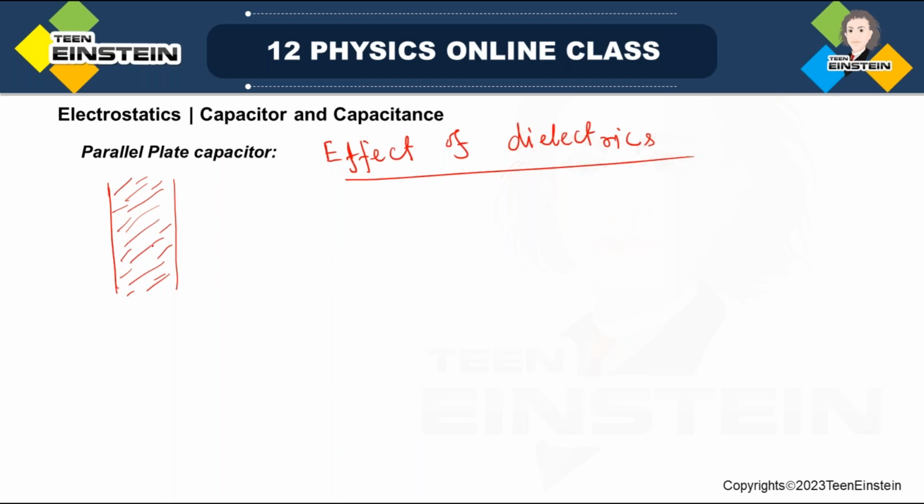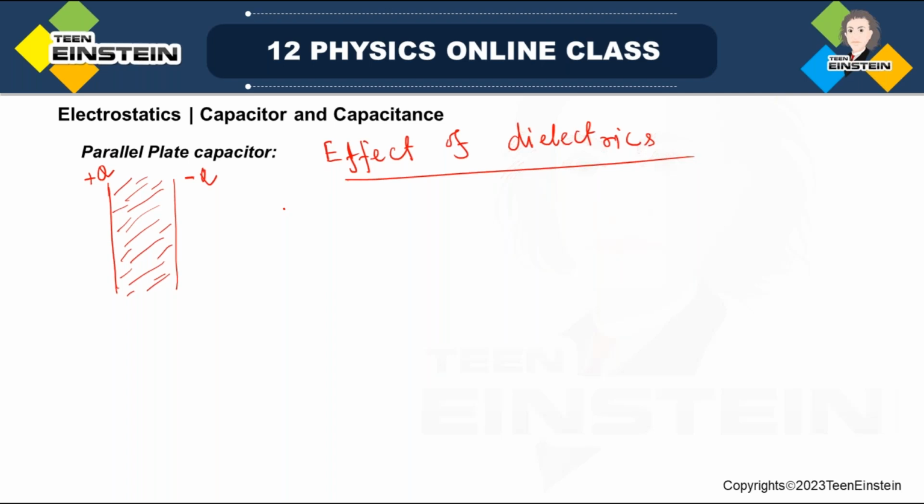So why is it done so? Because see, this is positive, this is minus q. Sorry, these are both positive, I have written, so this will be negative.